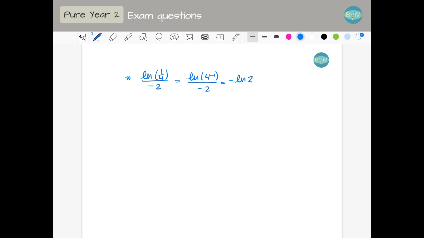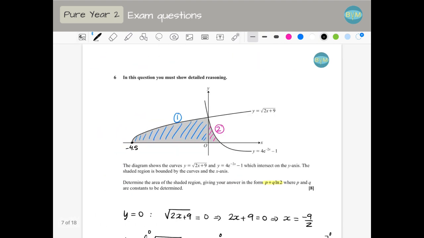I can take the 2 to the front using the properties of the log. So I have minus 2 ln 2 divided by minus 2, and this is ln 2, which is much simpler to have this expression. So this point is ln 2.